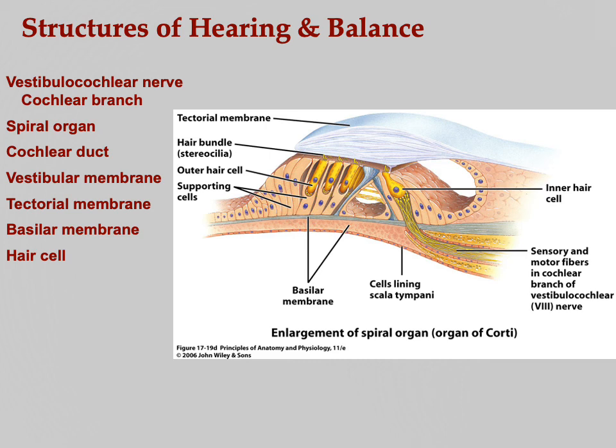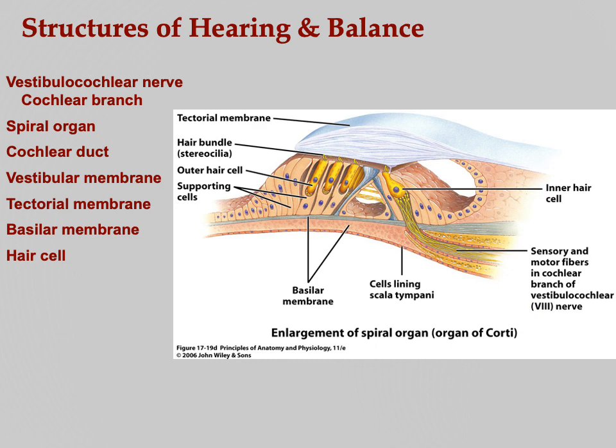Now, what happens is that high-pitched sound will cause the basilar membrane to vibrate more at a different location than a low-pitched sound will cause. So that's how you can tell whether a sound is high-pitched or low-pitched. And the amount of vibration tells you whether a sound is soft or whether it's a loud sound, all right?